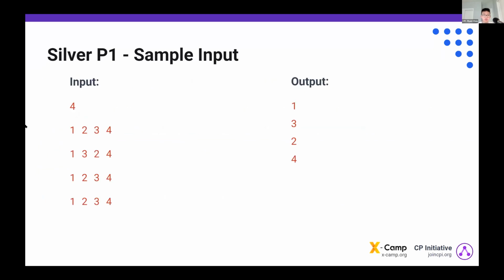And here's a sample input. So we have 4, which is the number of cows, and these are all your wish lists. Here, this signifies that cow 2 would rather have present 3 than present 2.